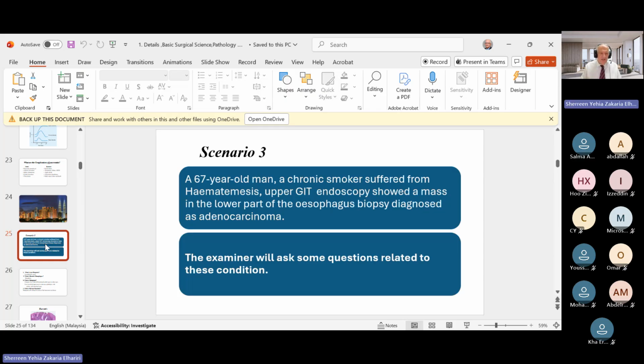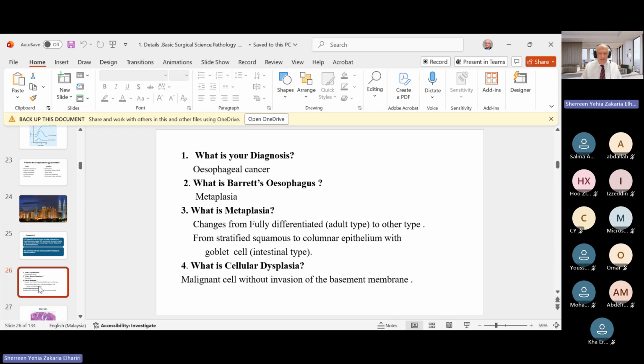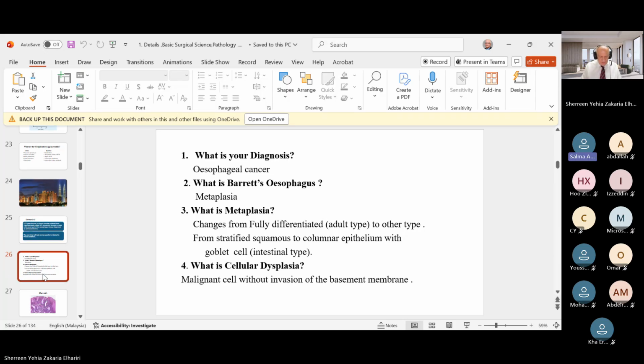Okay. All right. So what is cellular dysplasia? Dysplasia is like a change from one type to another type of cell. No, metaplasia is from one type to another. Dysplasia is malignant cells without invasion of the basement membrane.